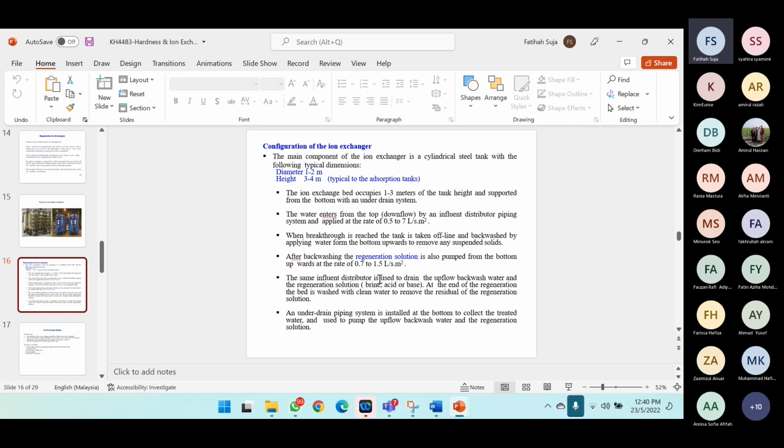Okay, after backwashing, the regeneration solution is also pumped from the bottom upwards at a rate of 0.7 to 1.5 liters per second per square meter. You always have this range, and when you carry out this treatment, the backwashing or cleaning, and the regeneration, you can start using any numbers within the range suggested by your references.